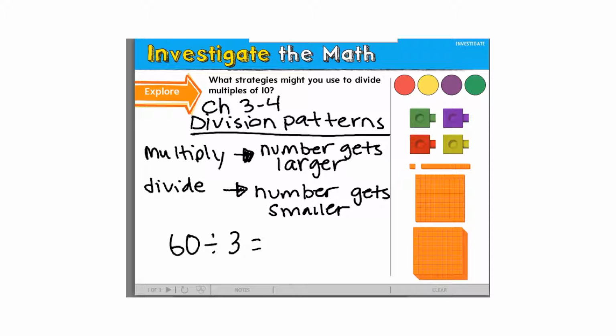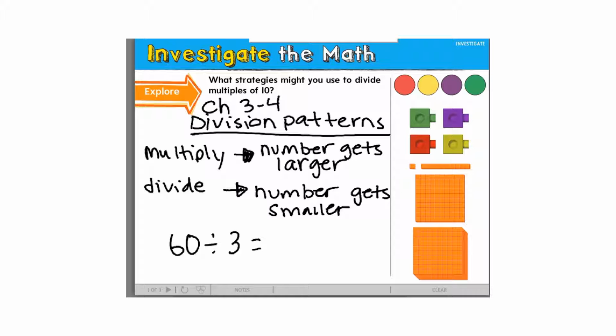Think about that for 1 second. I'm going to say the sentence one more time, and I want you to just think about it. If I'm telling you the question is 60 divided by 3, because I'm dividing, your answer, the quotient, has got to be smaller than 60.